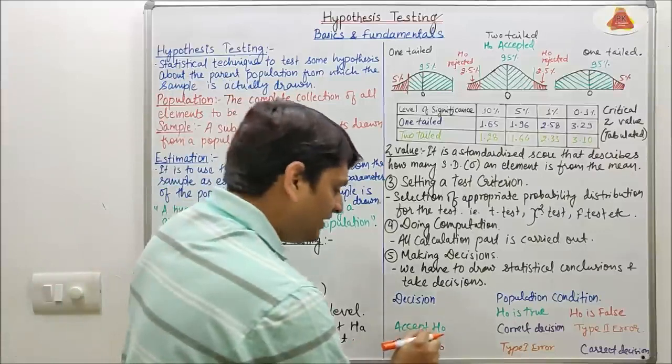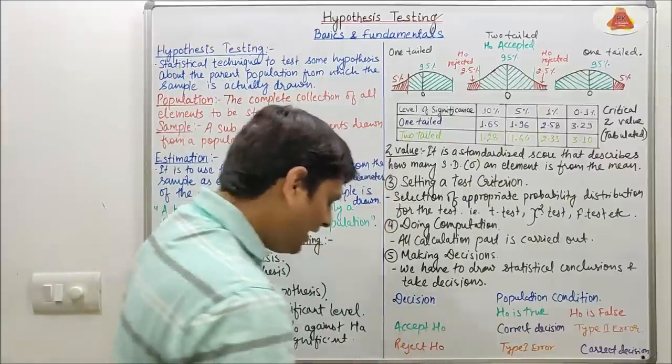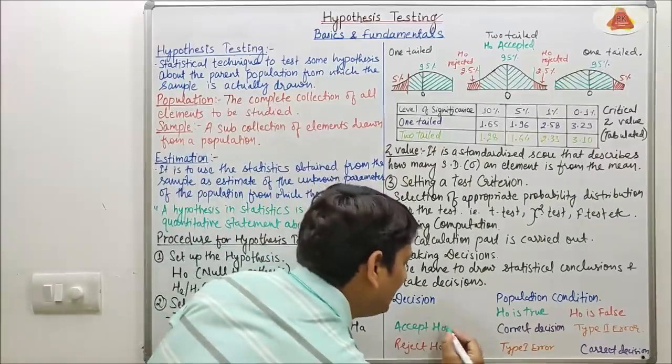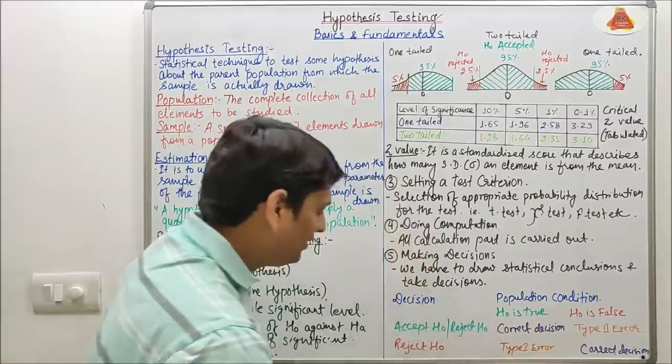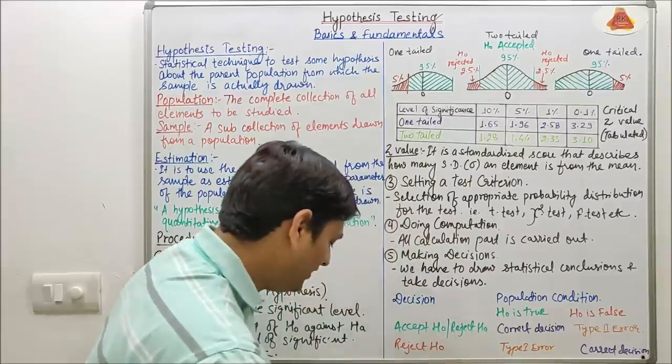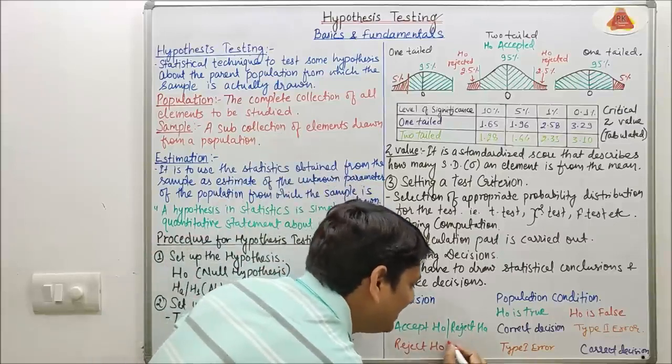So if we are accepting H0, the null hypothesis, then automatically we are rejecting HA. And if we are rejecting H0, automatically we are accepting HA.